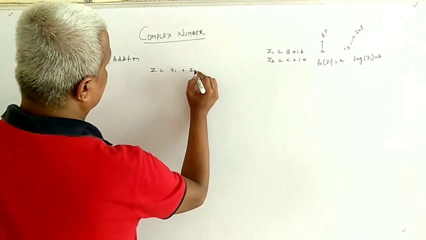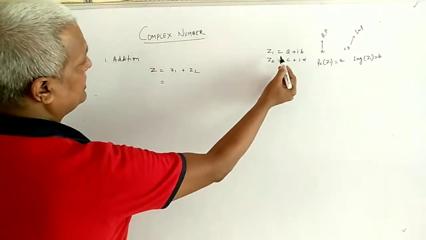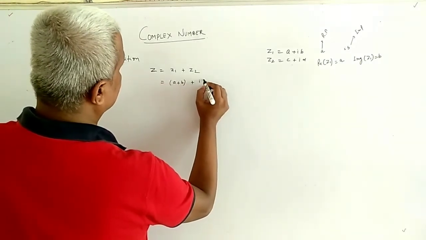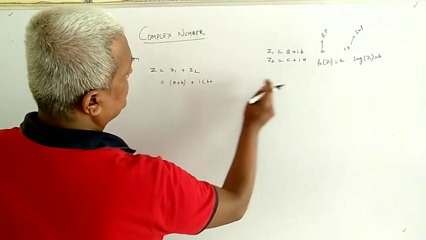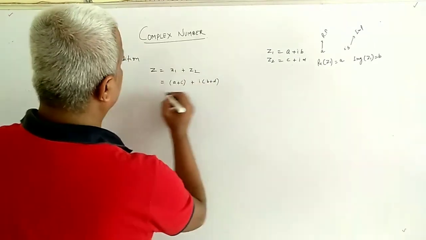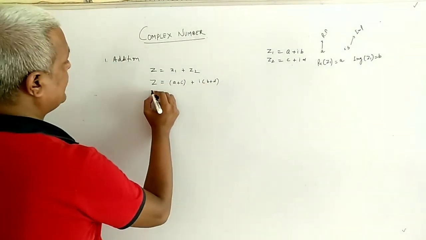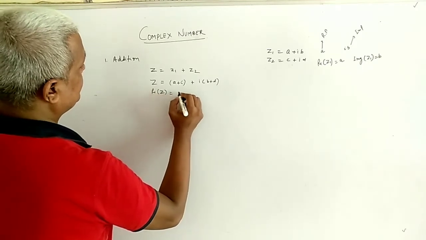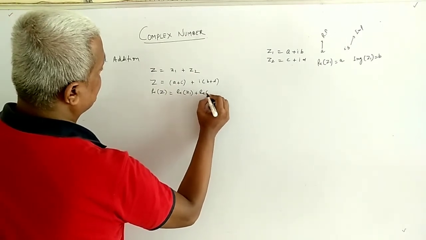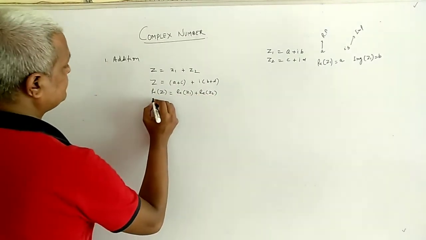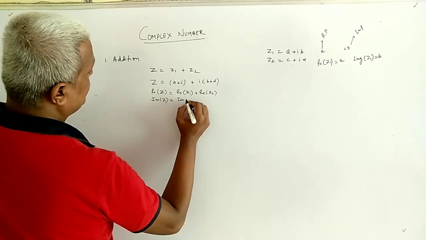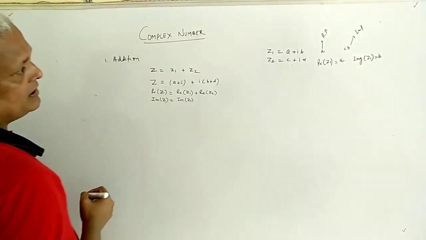Z1 plus Z2. Just add the real part to the real part, so you'll get a complex number (A plus C) plus i(B plus D). So the real part of Z is the real part of Z1 plus the real part of Z2, and the imaginary part of Z is the imaginary part of Z1 plus the imaginary part of Z2.